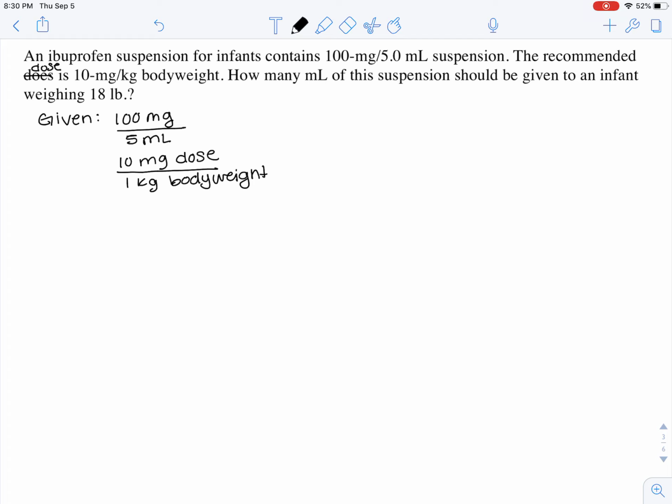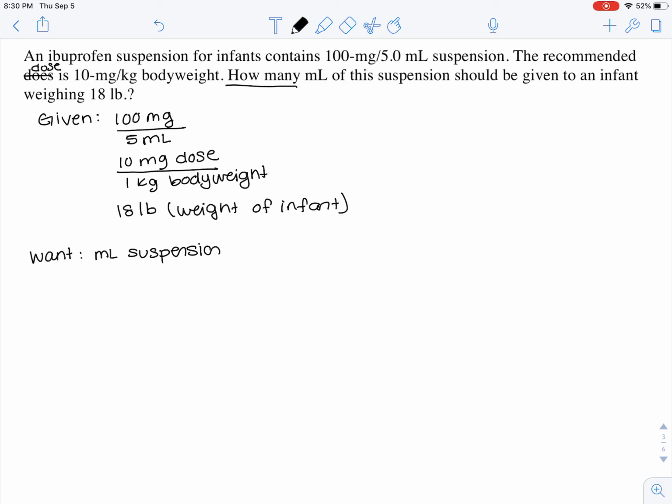Then you see how many. Immediately there's your want: how many milliliters of suspension? So you want milliliters of suspension, should be given to an infant weighing 18 pounds. 18 pounds, weight of infant.